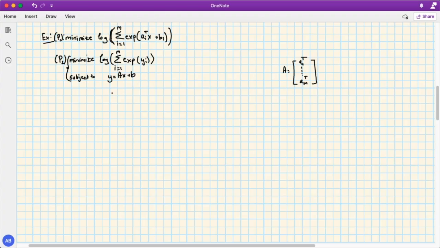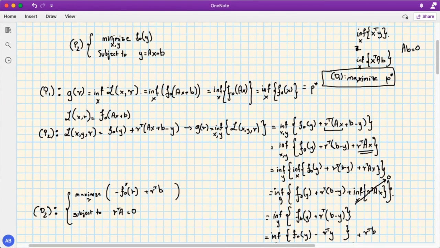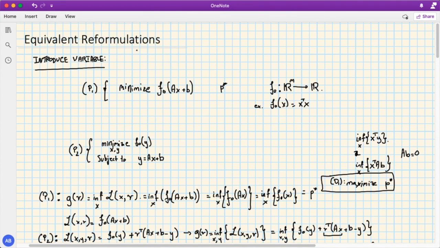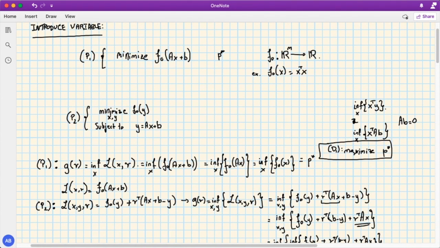Alright, good. So from what we saw in the previous general example, for any f0 of y, this applies. What I had first is the unconstrained problem, f0 of Ax plus b, where f0 is the log-sum-exponential function.